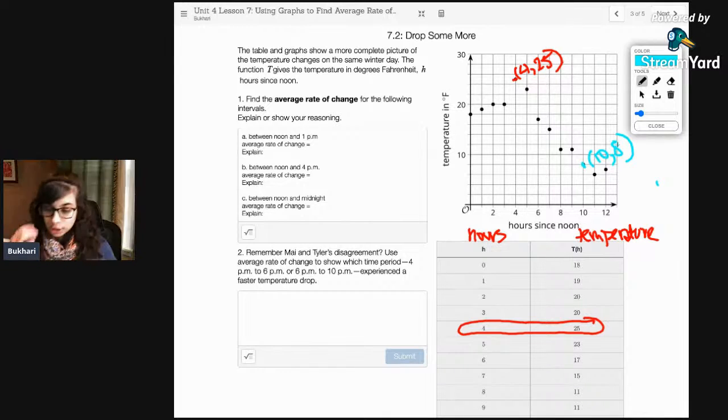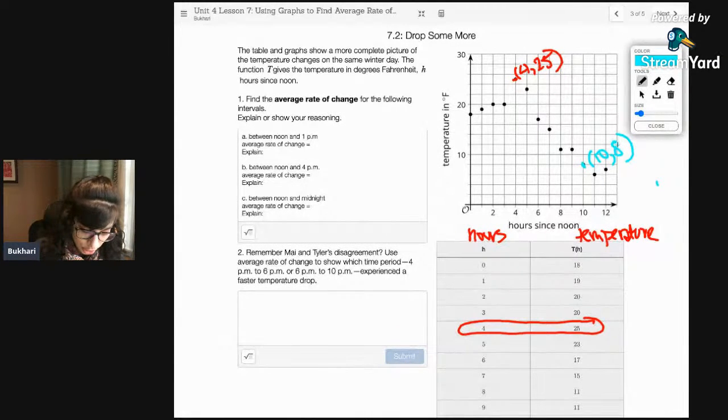So think first, okay, how did the temperature change between 4 and 10 p.m.? Did it get warmer or did it get colder? And so the question then is, how much did it fall? I know that we started off with 25 degrees at 4 p.m. and then we go down to 8 degrees at 10 p.m.